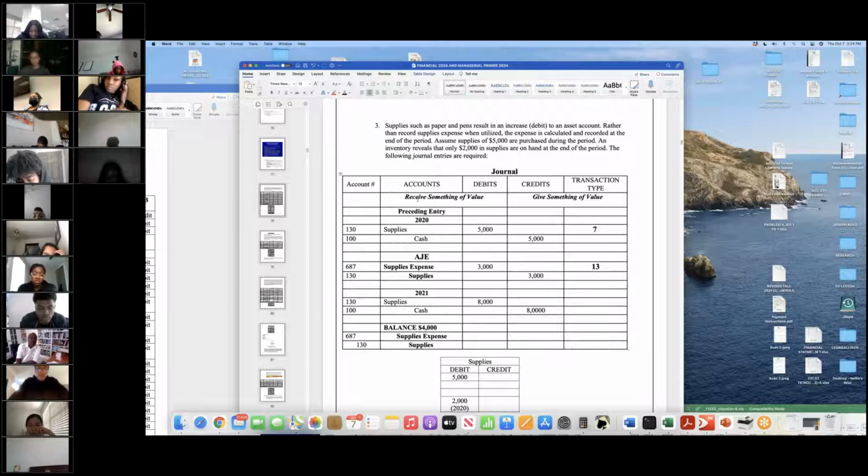So let's look at what's happened. We bought 5,000 in supplies in 2020. We utilized 3,000 and made this adjusting entry. We come to 2021 and we buy 8,000 more. And then we're told that the balance in supplies is $4,000 at the end of 2021.